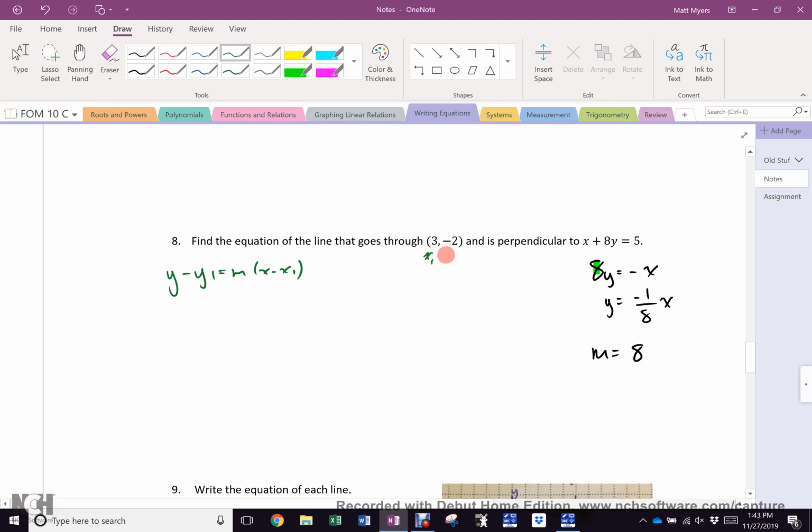There's x1, there's y1. What do I write here? Plus 2, because we're now at the point where we can skip a step, right? Because we have done enough practice. Equals 8x minus 3. Nice job, Pardeep.